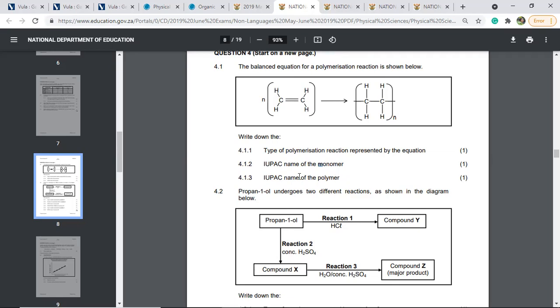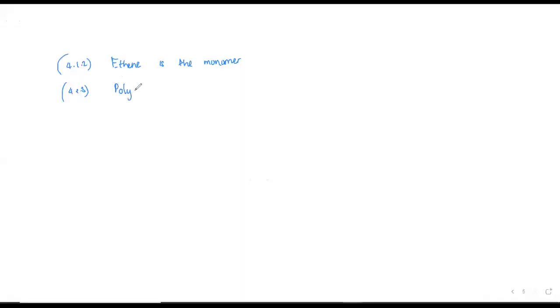So the IUPAC name of our polymer would be polyethene, because there are many ethenes making up the polymer. So the IUPAC name would be polyethene.